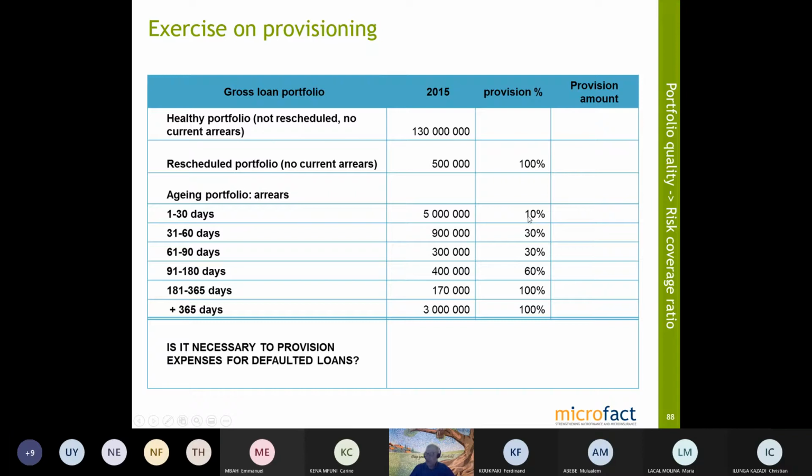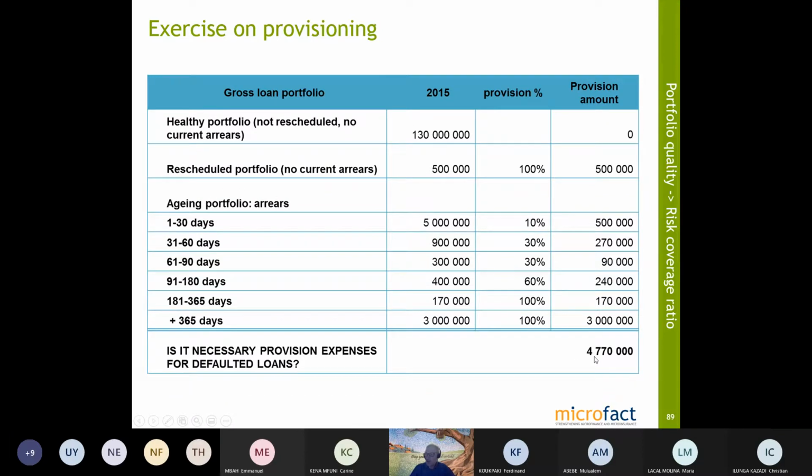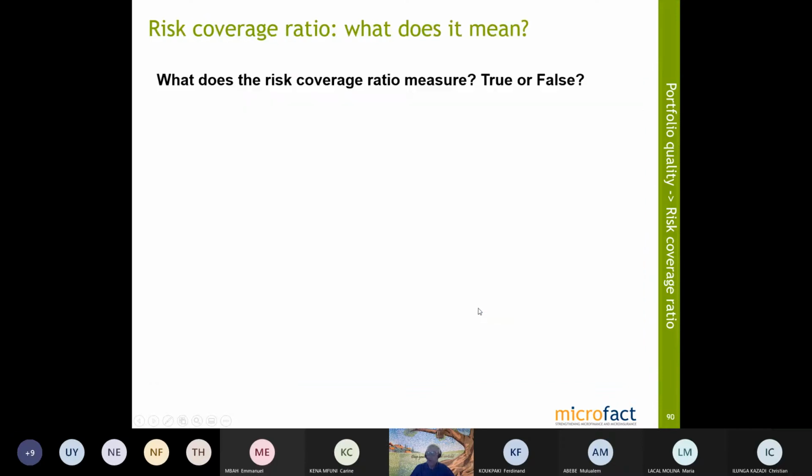If you look to the result, in this organization, you could say if you are covered according to this standard, and this depends on the regulation in the country, and on the organization itself, the internal policy on provisioning, you create a barrel of 4.7 million, making it possible for you to at least cover a big part of the contaminated portfolio.